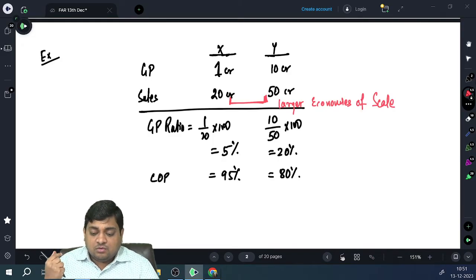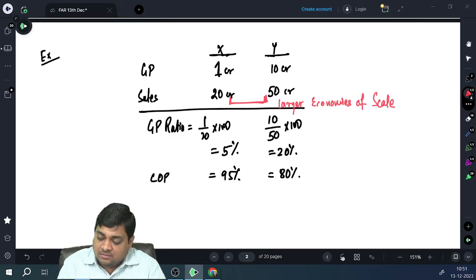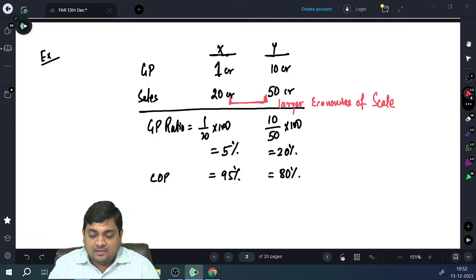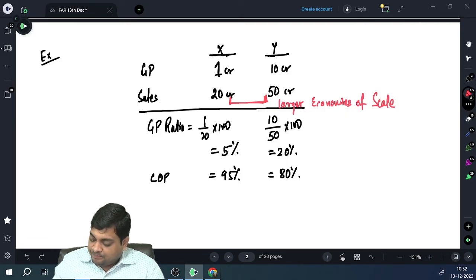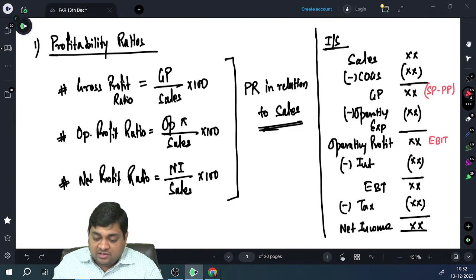In this case the profit margin was 5%, so cost of production will be 95, and in this case it is 20%, so cost of production will be 80, right? So this was profitability ratio in relation to sales.